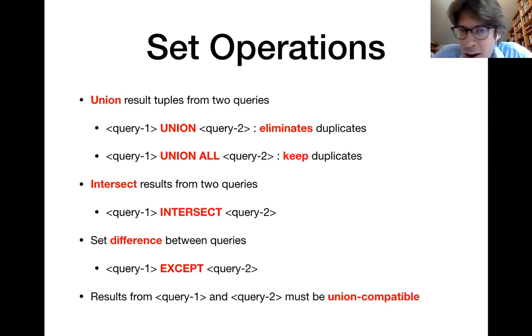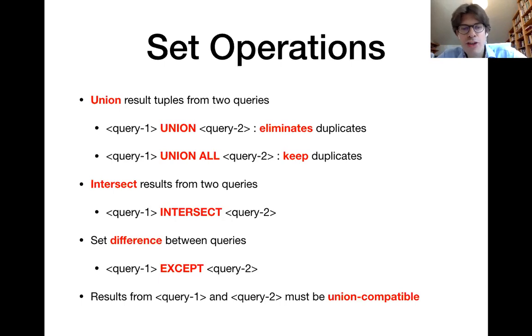There's a couple of different variants. If you use the union keyword, for instance, then SQL will automatically eliminate duplicate rows that appear in the union result. If you use union all, then it will keep any duplicate rows. So you might have the same result row multiple times.